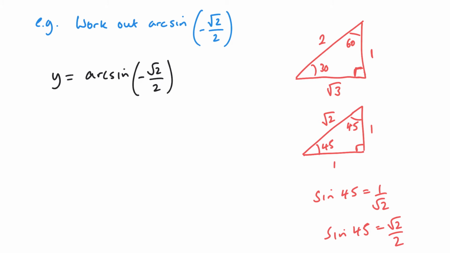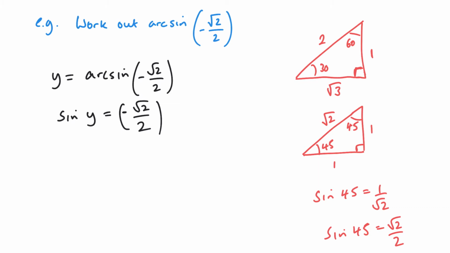Then, as arcsine is the inverse of sine, and you can manipulate your equation by using inverses, this is the same as saying that sine y is equal to negative root 2 over 2.